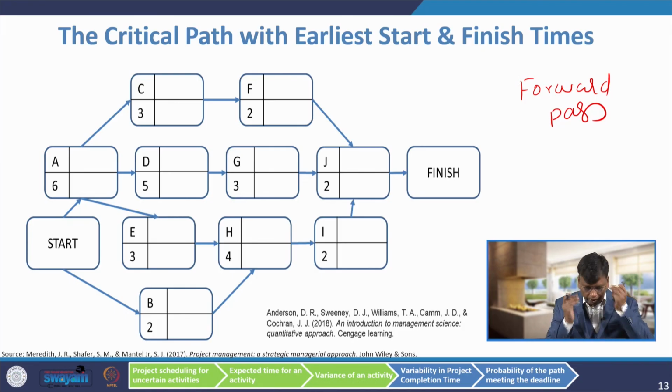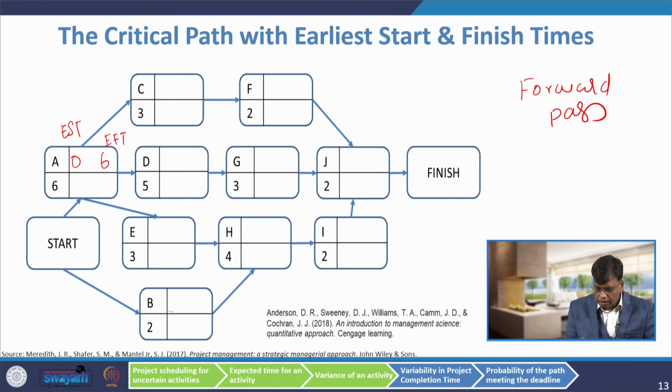For example, activity A, it is the first activity. So, it is 0, 0 plus 6, 6. So, this 0 represents earliest starting time, 6 represents earliest finishing time.